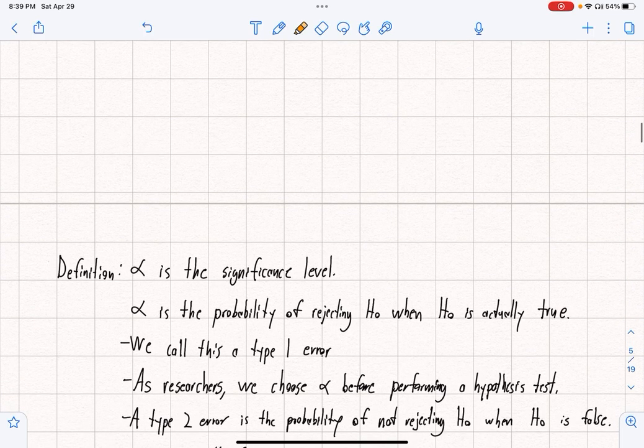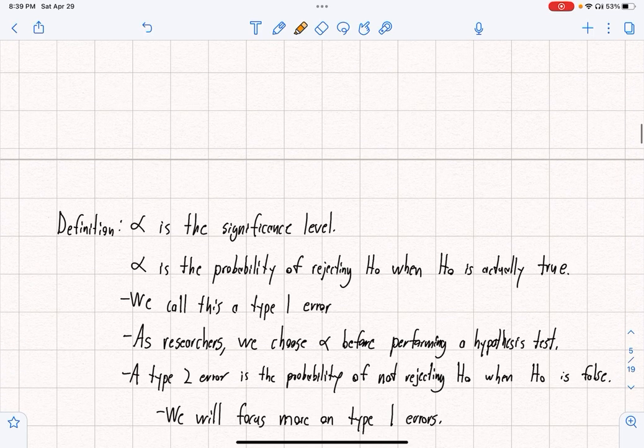Okay, we need to make a quick definition. So alpha. Alpha is what we're going to call the significance level. Alpha is the probability of rejecting H naught when in fact H naught is true. So in that case, it's an error. H naught was true, but we said it was false. And we're going to call this a type 1 error.